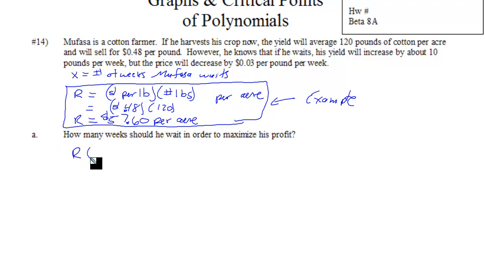His revenue in x weeks is going to equal, I should say what R stands for. Revenue is R. We're going to take the dollars per pound and multiply it by the number of pounds.